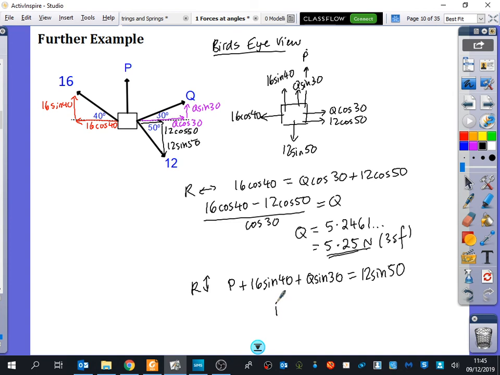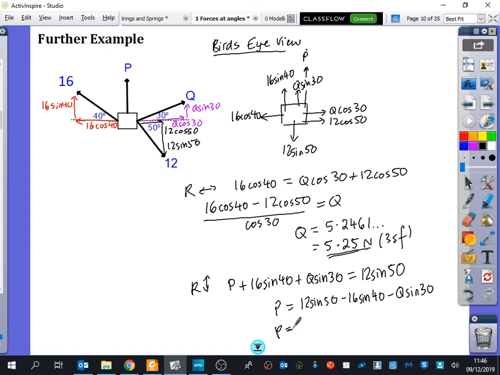So P is equal to 12 sine 50 minus 16 sine 40 minus Q sine 30. Hopefully you've still got Q on your calculator screen as the answer, so you can just use that answer button when you type it in.